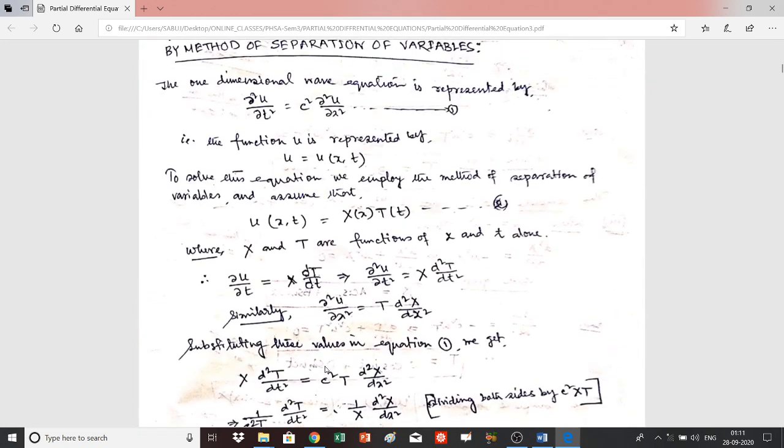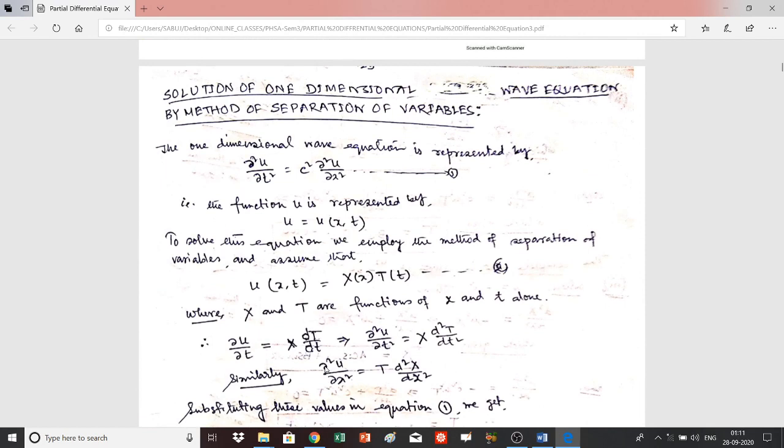For the first case, we will solve the wave equation in one-dimensional cases using the separation of variables method. As I stated before, the one-dimensional wave equation can be represented by del squared u del t squared equal to c squared del squared u del x squared. And to solve this equation, just separate variables and consider that u is equal to u(x,t).